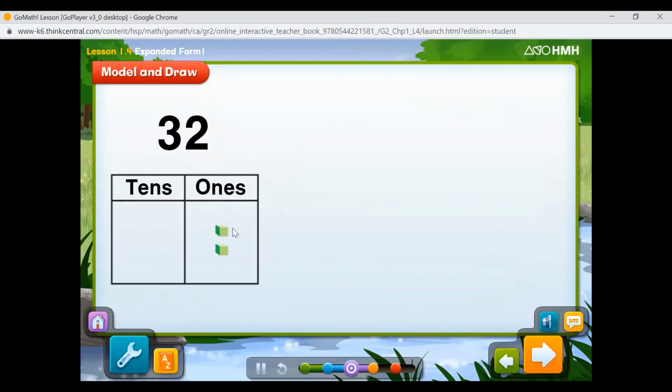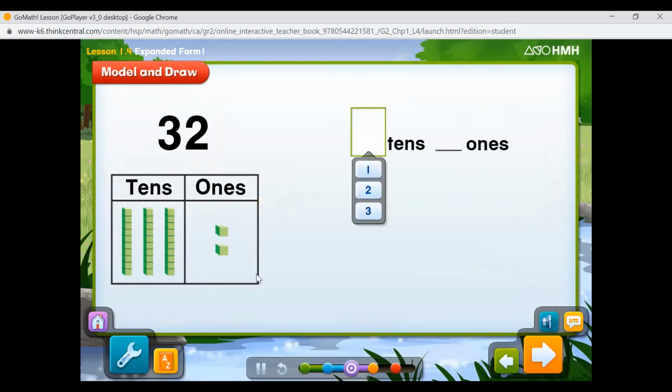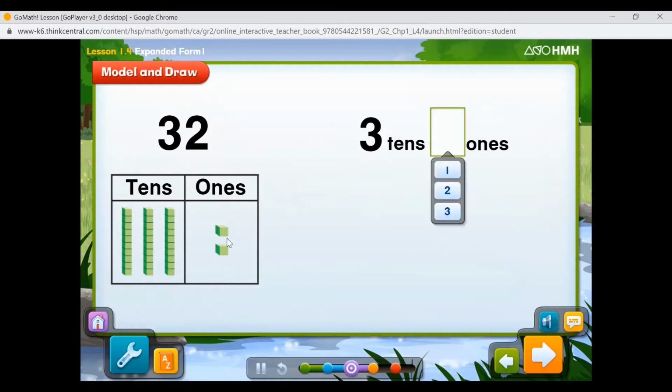It is 2 ones. 32 is 3 tens and 2 ones. How many tens are in 32? You're right. There are 3 tens in 32. How many ones are in 32? Good job! There are 2 ones in 32. There are 3 tens and 2 ones in 32.